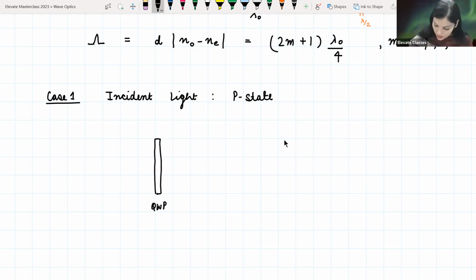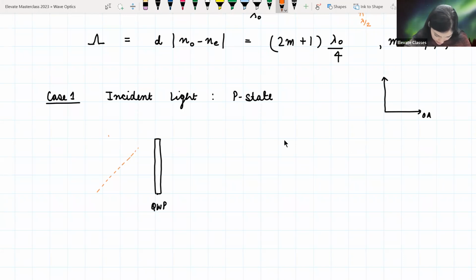What I've done is I have chosen the optic axis to be like this. Like this is my optic axis right now, in the Z direction. That is how I've drawn here. But maybe let us do it the other way, as we did before, because that was making sense to us.